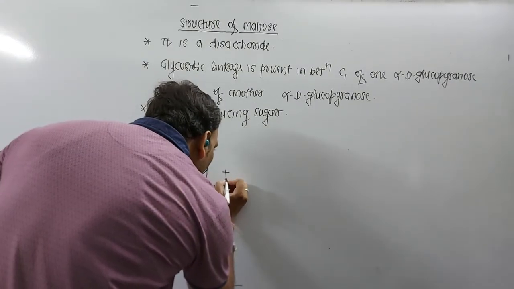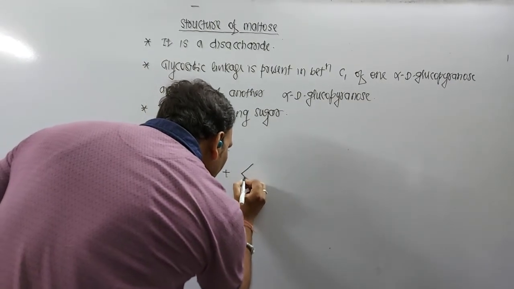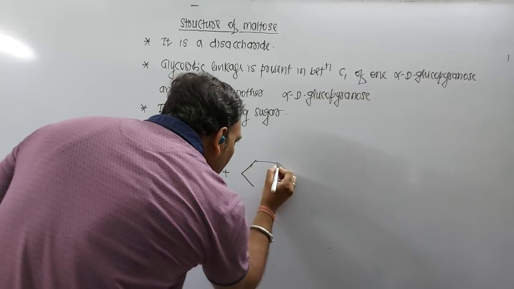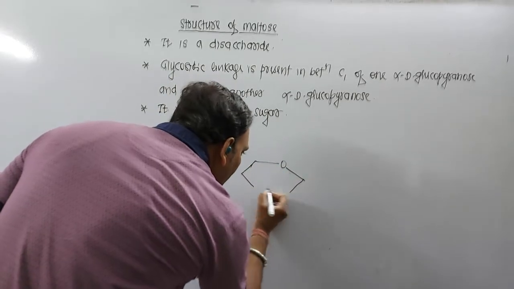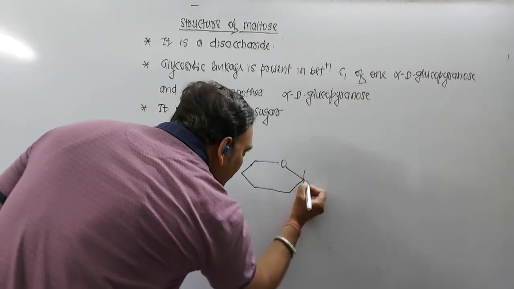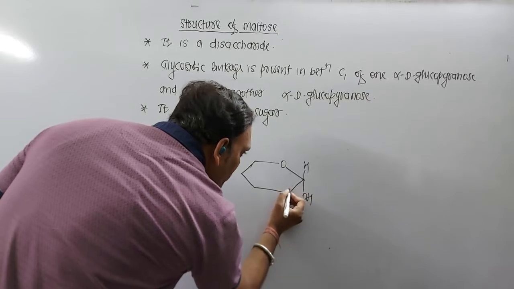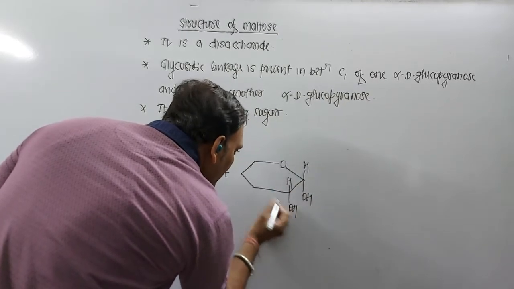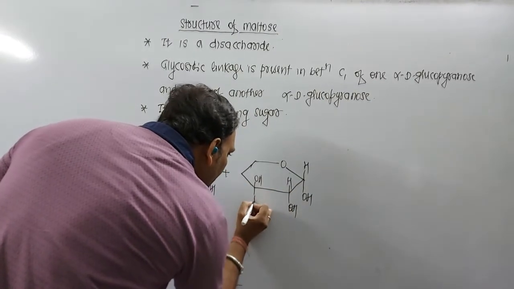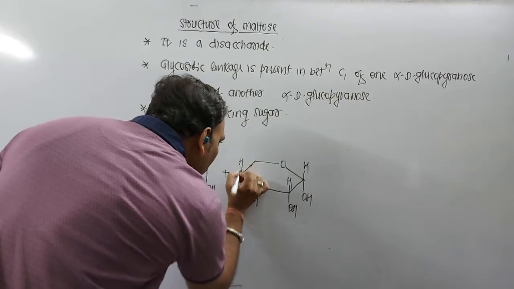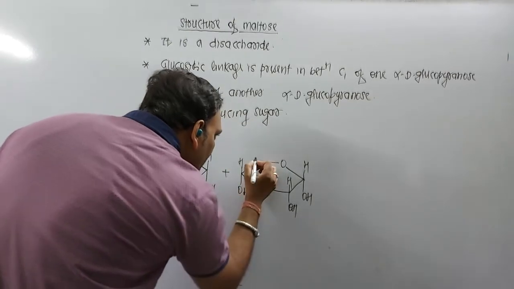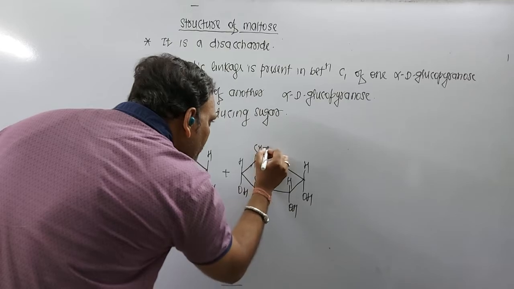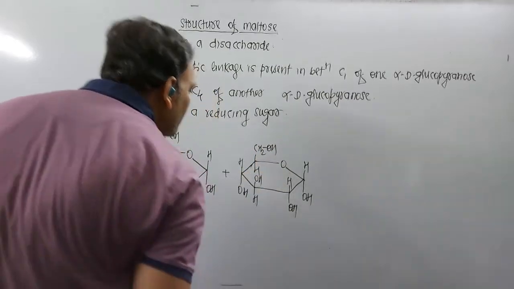Another alpha D glucopyranose unit can be drawn in this manner: H OH, H OH, OH H. This is carbon number 4, H, OH, and the fifth carbon CH2OH, H.